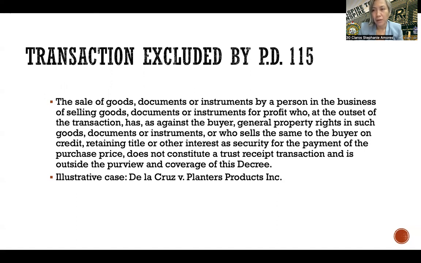In the event that the sale of the goods, documents, or instruments is made by a person who is in the business of selling such goods, documents, or instruments for profit, and this person at the outset of the transaction has, as against the buyer, general property rights in such goods, documents, or instruments, or who sells the same to the buyer on credit, and this person, the seller, retains title or other interest as security for the payment of the purchase price, then their transaction will not constitute a trust receipt transaction, and it is outside the purview of PD 115.